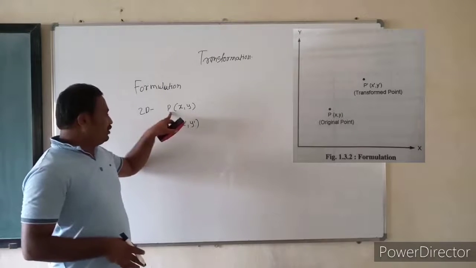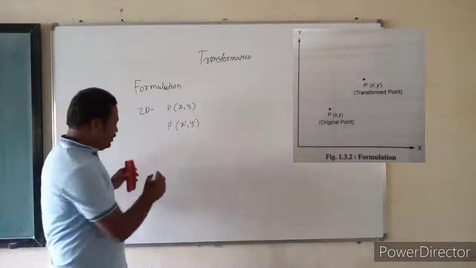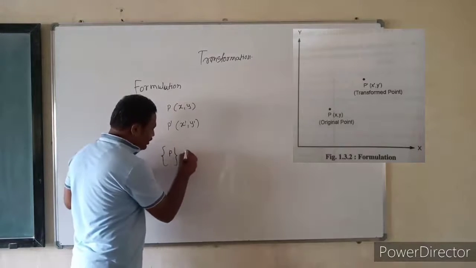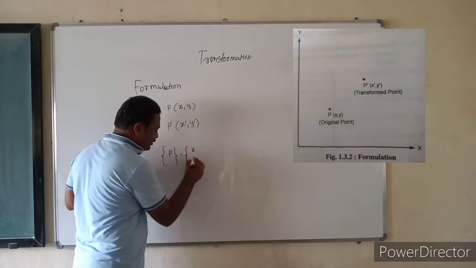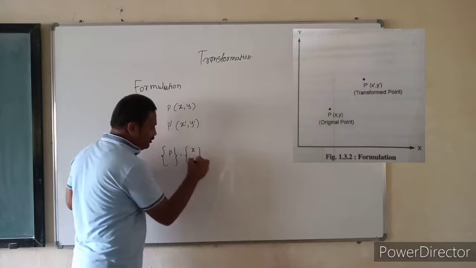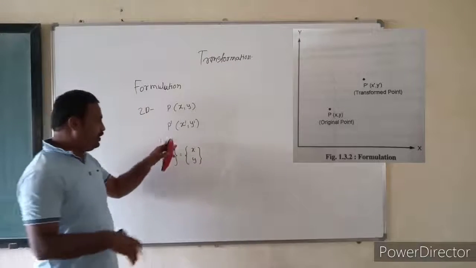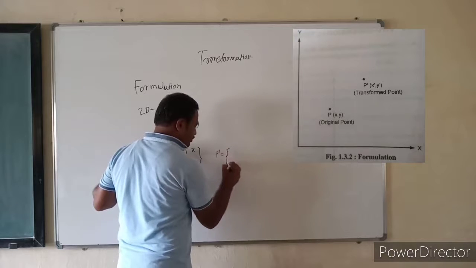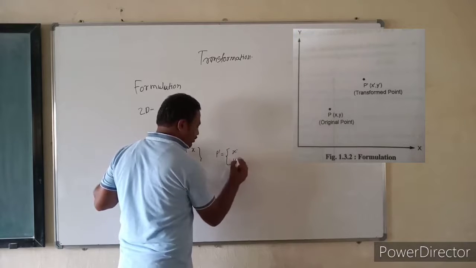Then, if you write P in matrix form, P is equal to x, y, and P dash is x dash, y dash.